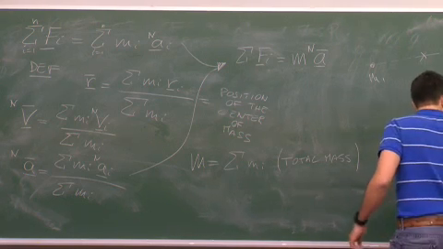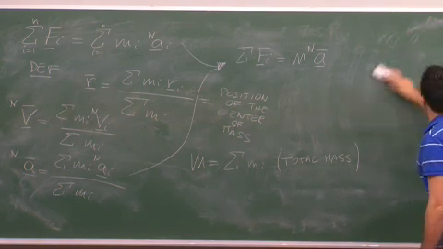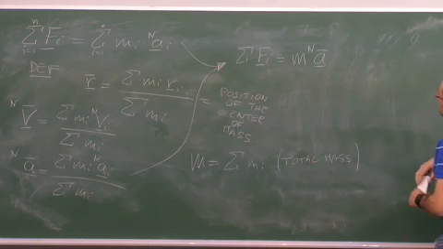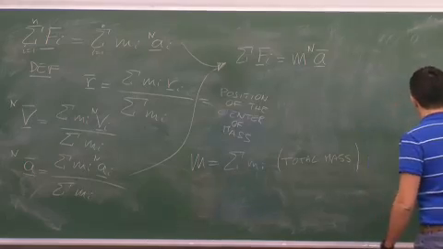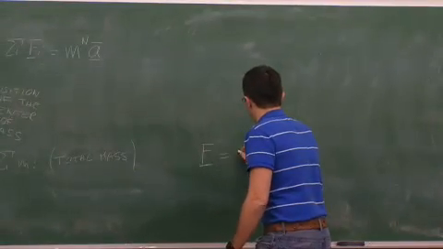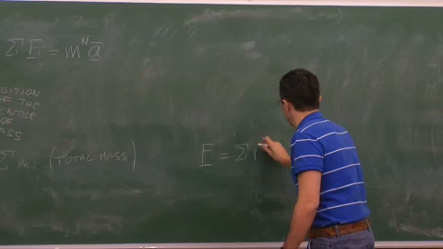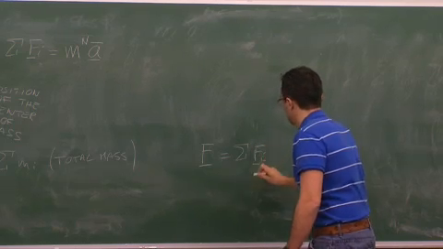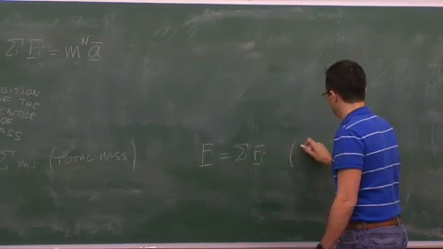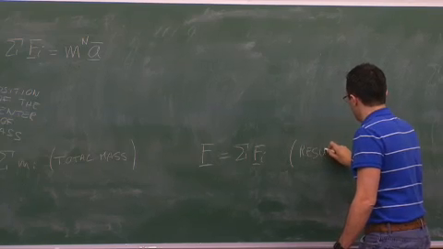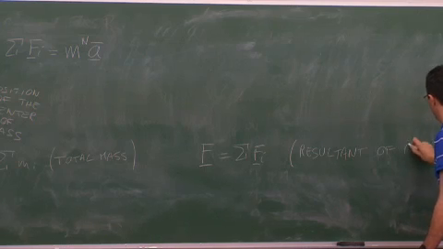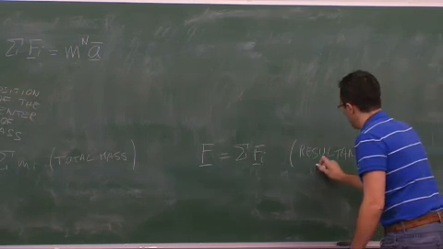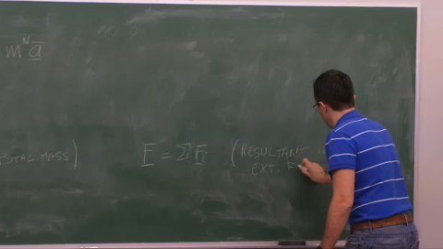And so one more step, if we want, is just calling F the summation of all external forces, big F, no indexes at this point, resultant of all external forces on the system.